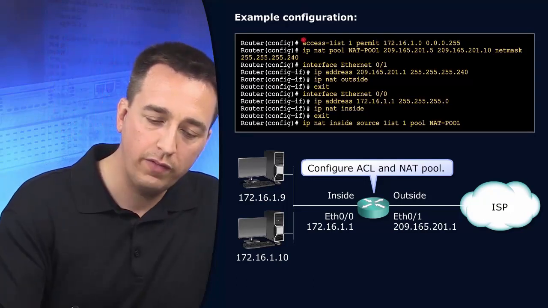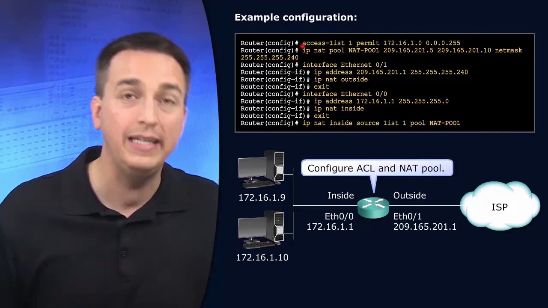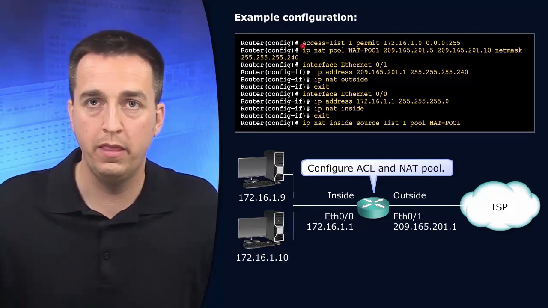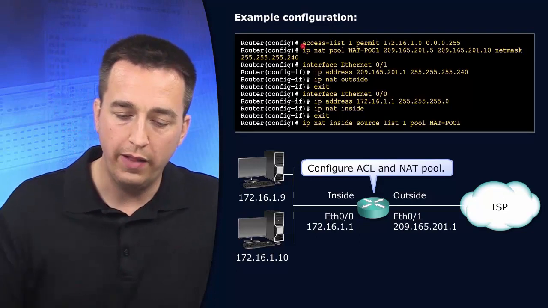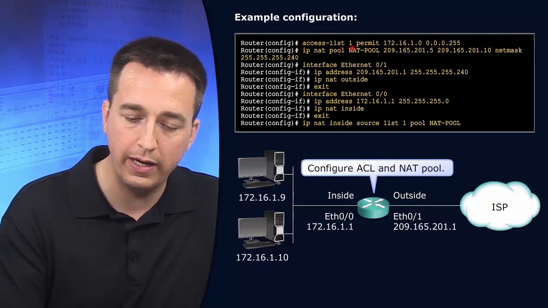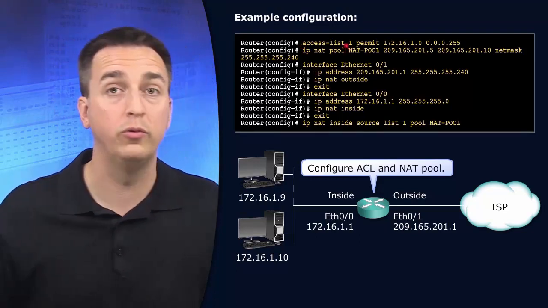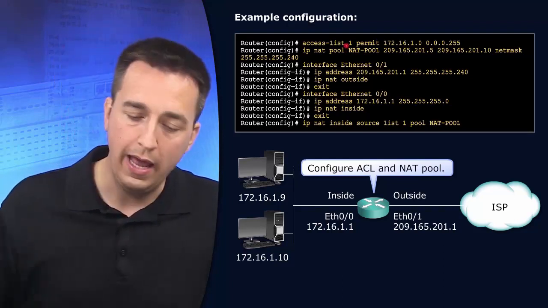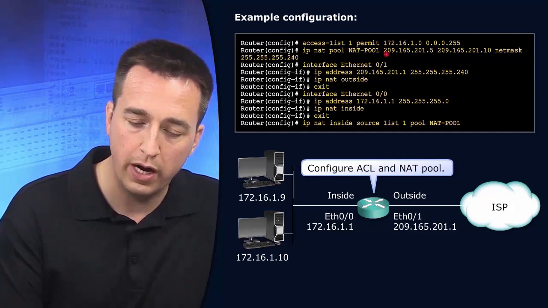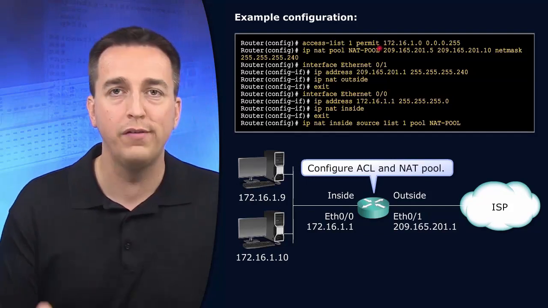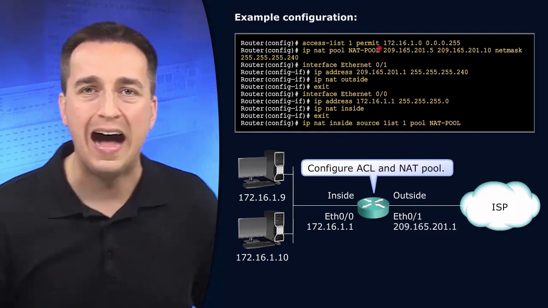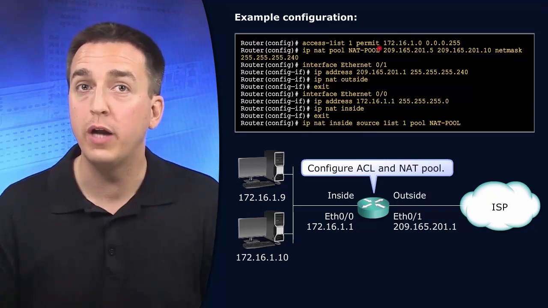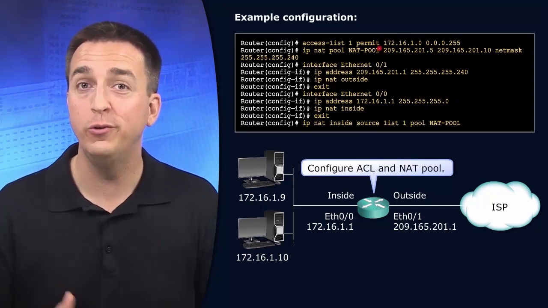We define the public pool by using the IP NAT pool command in global configuration mode. And then we give it a name. So we identify it by name, allowing us to have multiple NAT pools on our router if we need to. In this case, they called it NAT pool. And the pool of addresses is from 209.165.201.5 through 209.165.201.10.